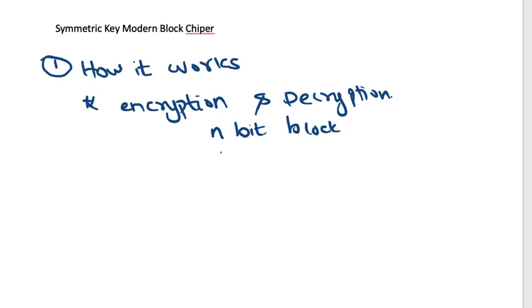We divided the data into n bit blocks, and encryption and decryption will be performed on these n bit blocks, and it uses the same key for both the encryption and decryption process.